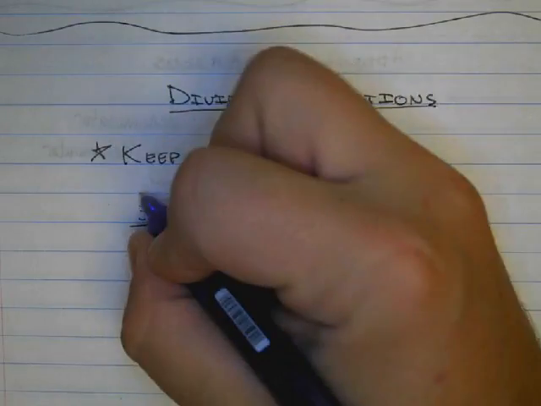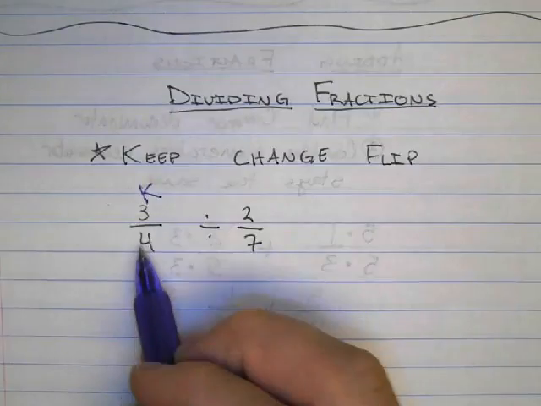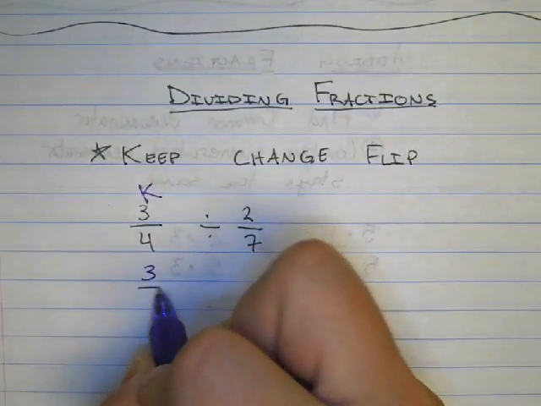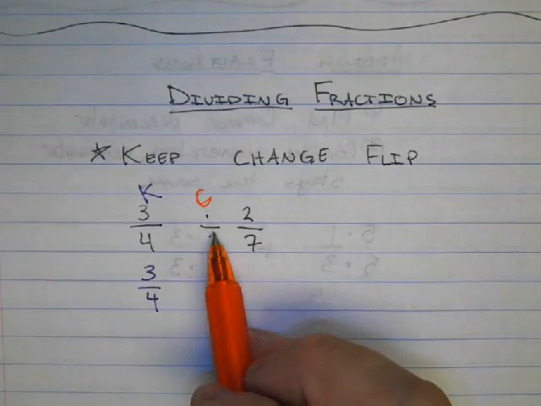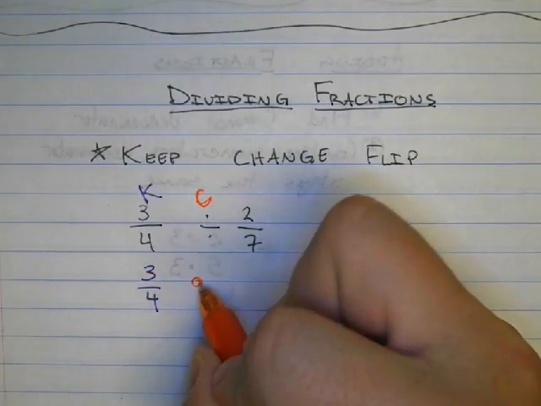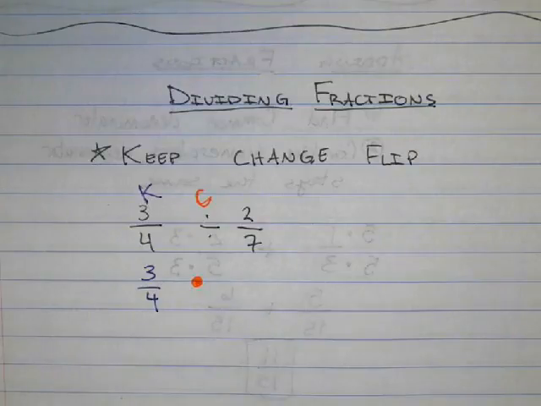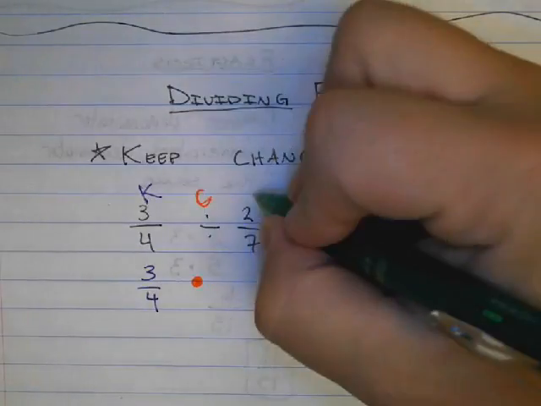I'm going to keep. So 3/4 will stay 3/4. Then I'm going to change. I change division to its cousin, which is multiplication. And then I'm going to flip.